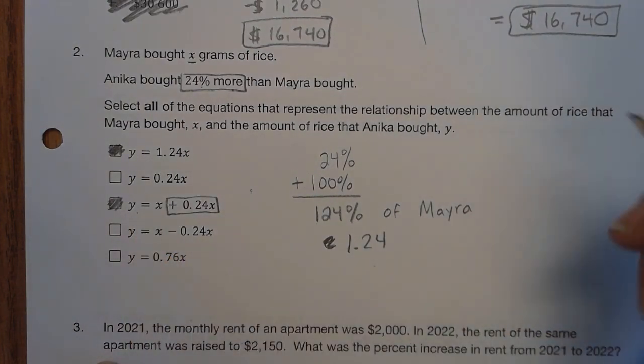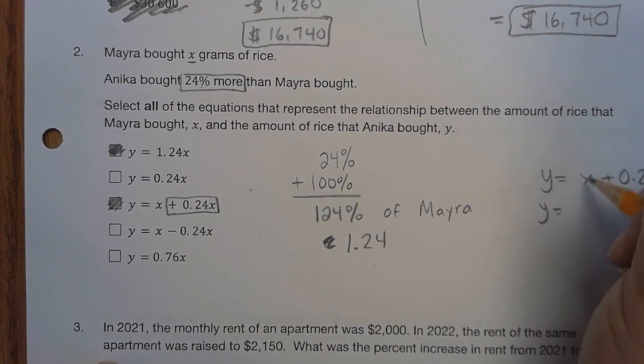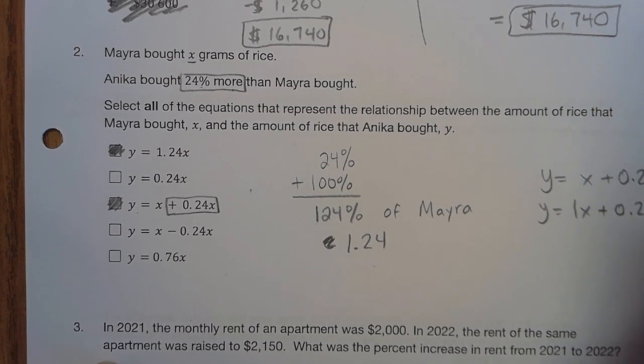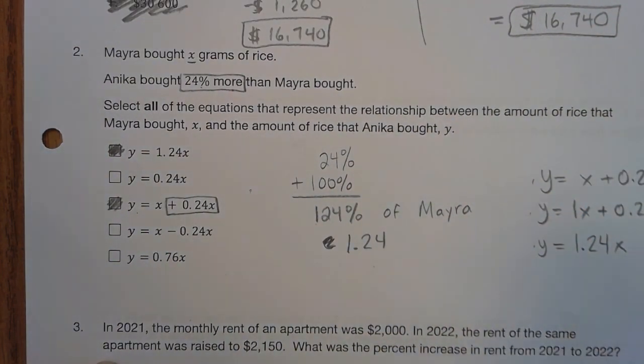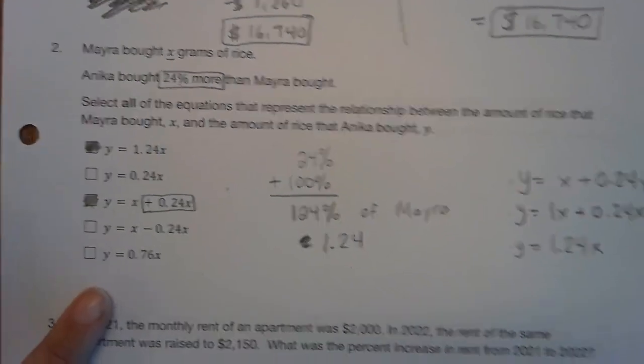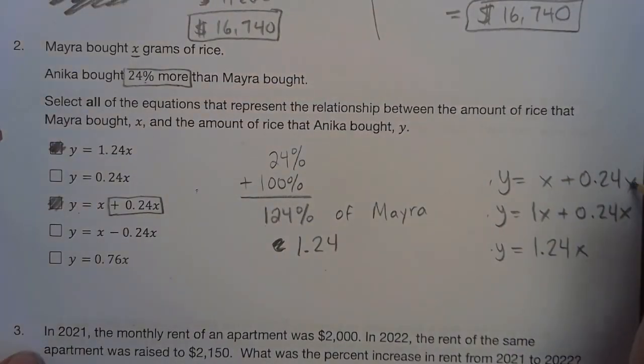Okay, and we do know when we think about simplifying this expression in general, X is the same thing as 1x. So if we have 1x plus 0.24 times x, we're going to get 1.24x. So these are all equivalent equations.